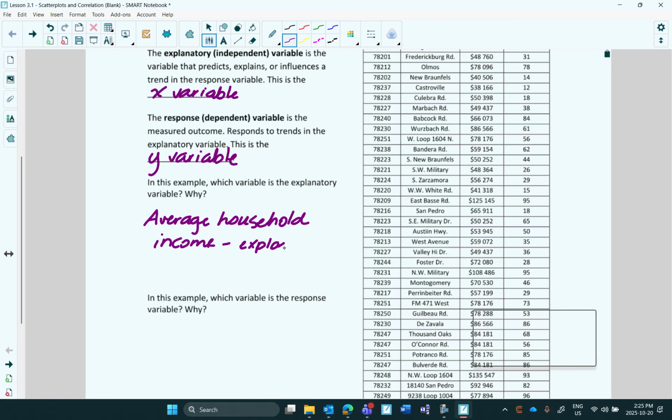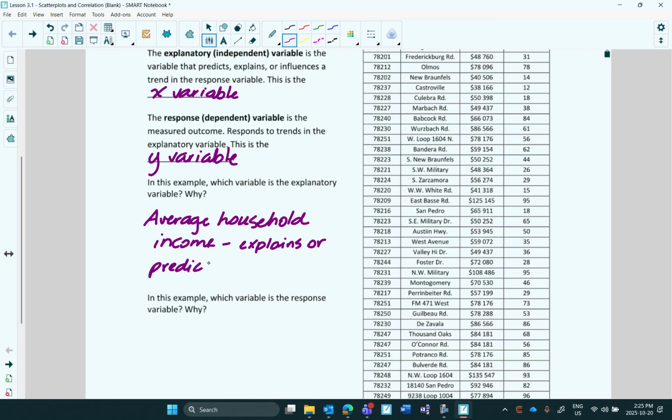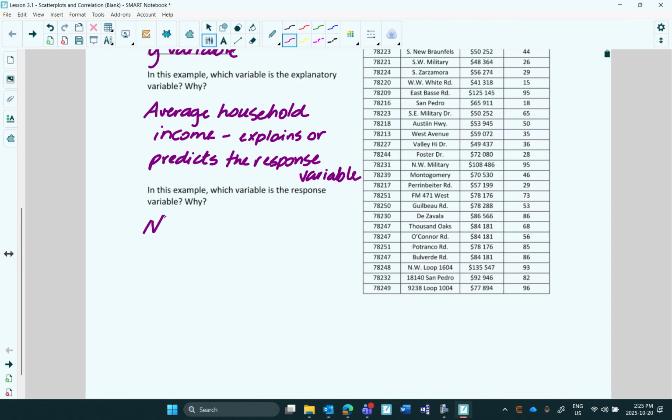Explains or predicts the response variable, which in this case is number of organic items offered.